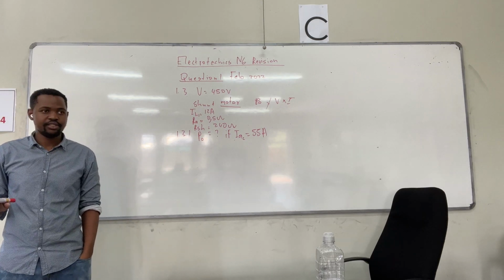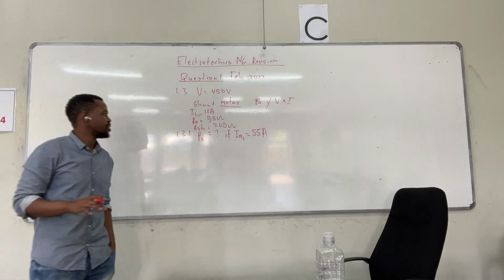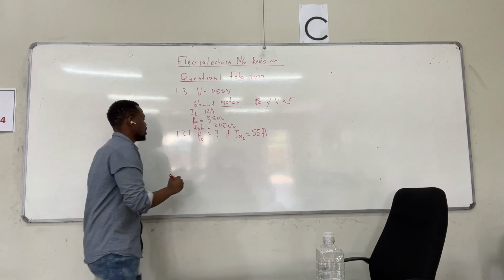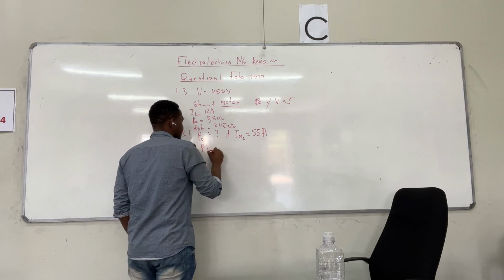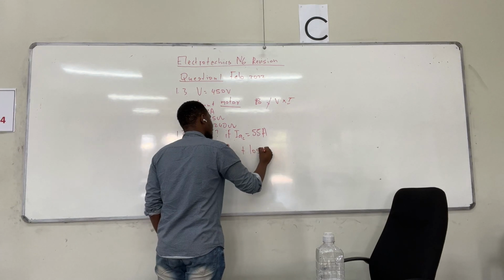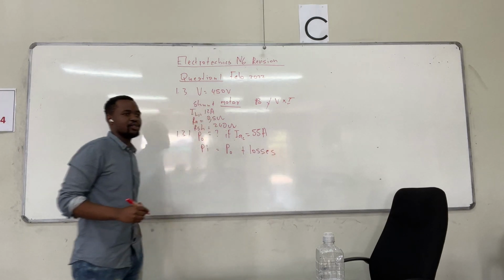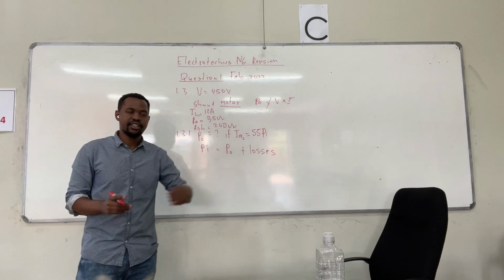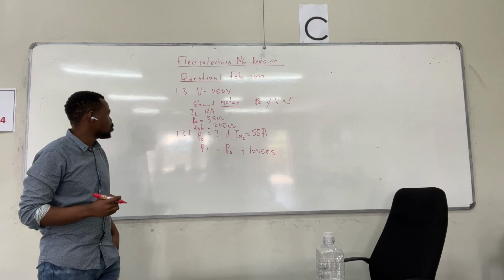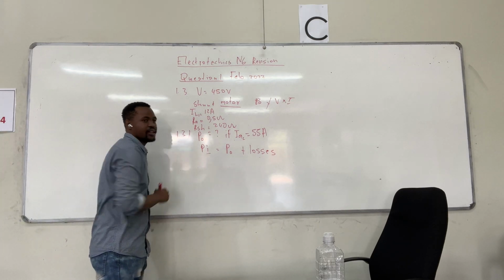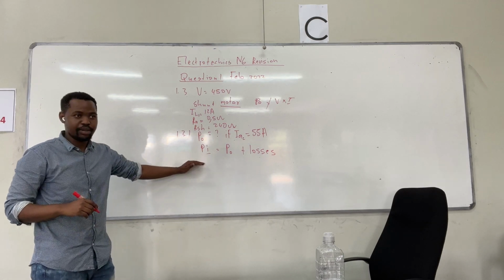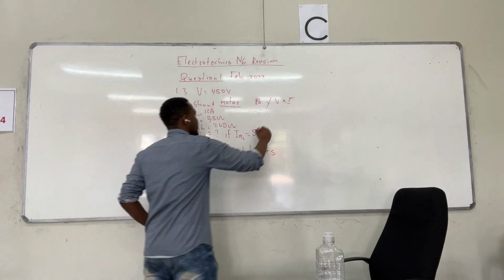So what we manipulate is this formula: power in equals power out plus losses. So I need to know my total losses. And what else do I need to know? Power in, the input power.